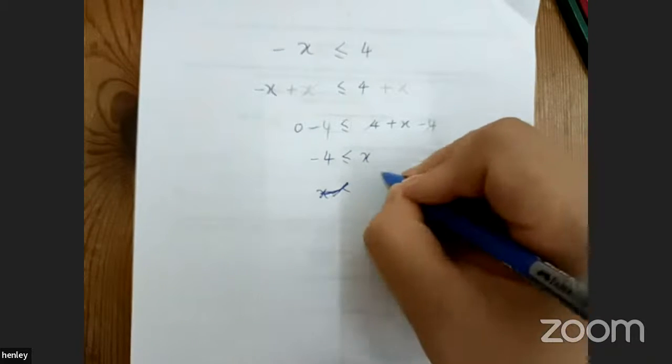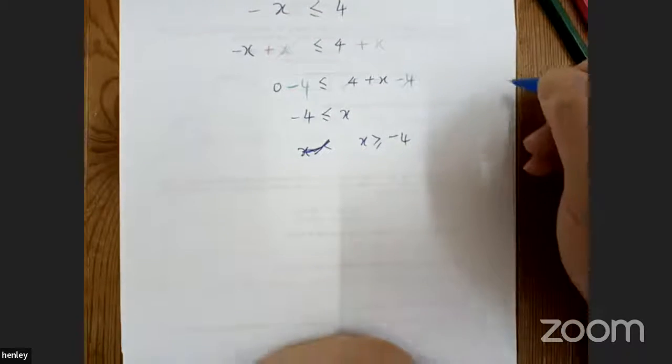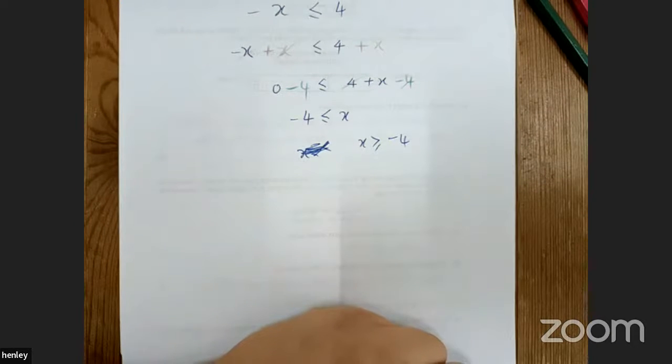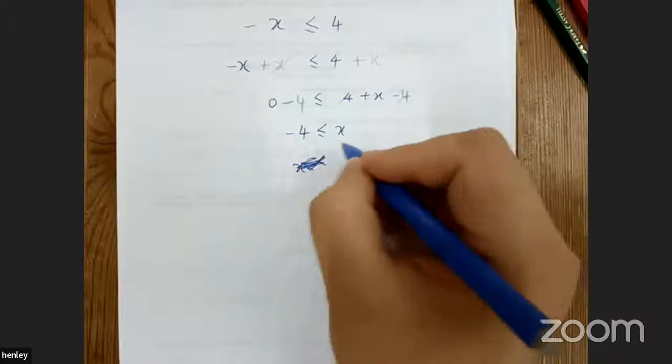You can make it opposite. x must be larger or equal to negative 4. Well, if you don't want to make it complicated, you can always stop here.